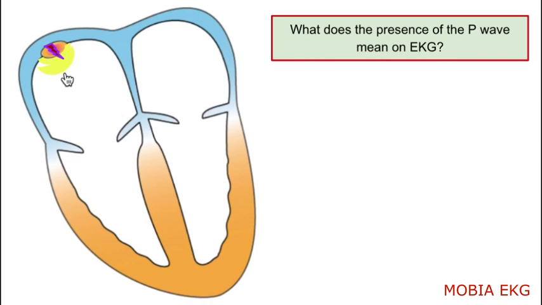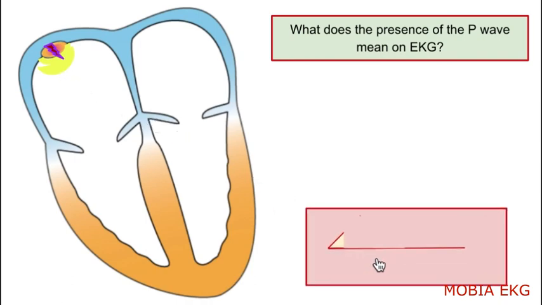Depolarization of atrial tissue is detected as the P wave on the EKG. In this picture, a small area of the atrial tissue is depolarized and causes a small positive deflection from the isoelectric line, which shows the beginning of the P wave.